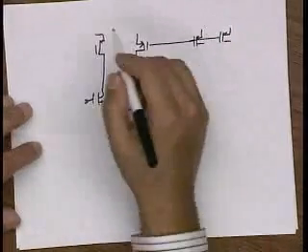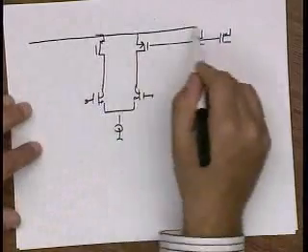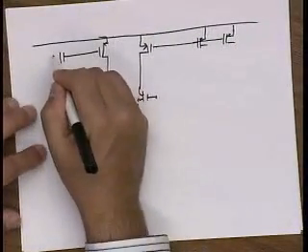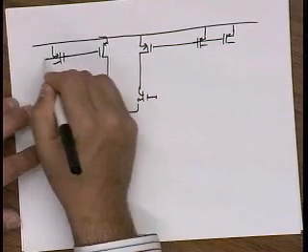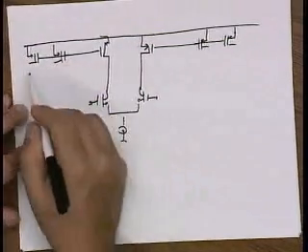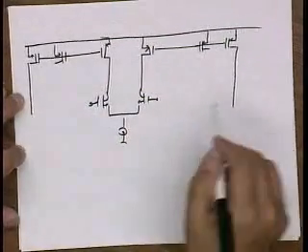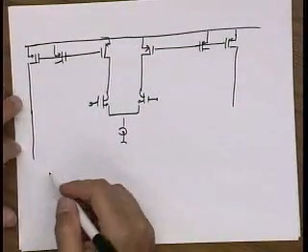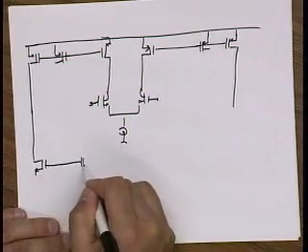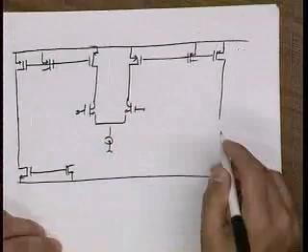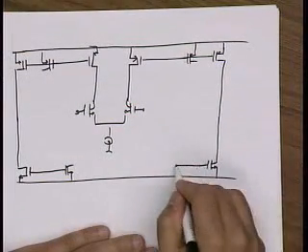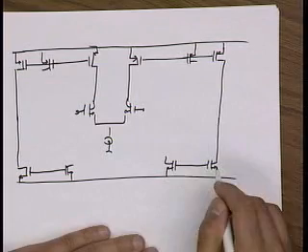So what I'm going to do is I'm going to have two mirrors, a 1 to N mirror and a 1 to K mirror. So the 1 to K mirror is our standard mirror. And then down here again I'm going to have another 1 to K mirror.